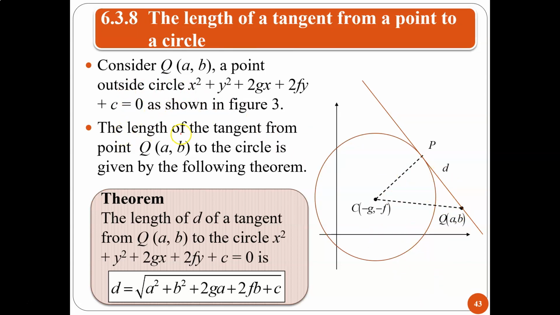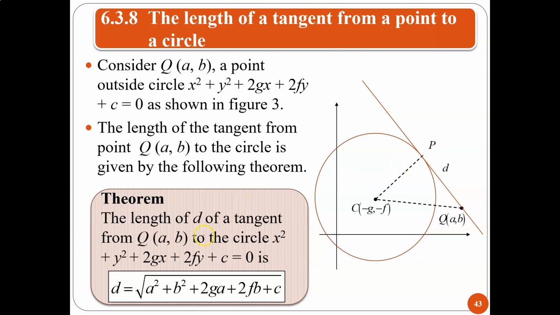The length of the tangent from point Q to a circle is given by the following theorem. So the length of the tangent daripada point this one to this circle is using this formula or this theorem. The length of D, this one, daripada sini, this line sentuh this titik, or sentuh this circle lah.